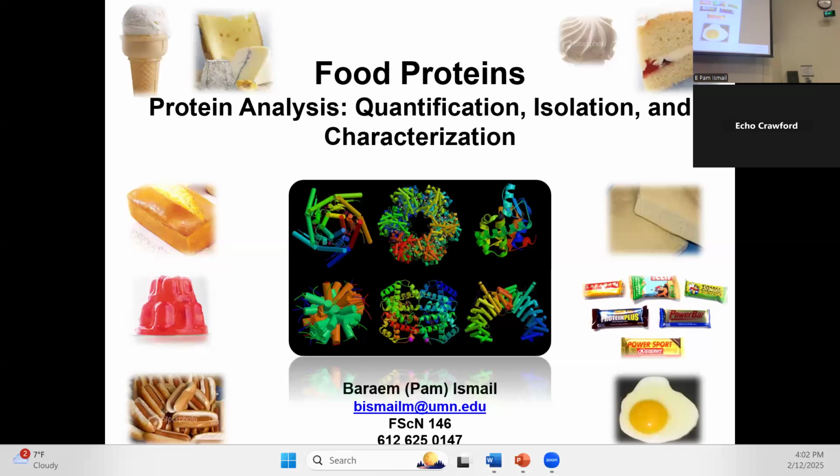So technically, I guess it's based on the Dumas reaction. Carbon and sulfide are involved in the reaction. Combustion, you burn everything up into gas, and then you get the nitrogen content, and then you just use the conversion factor.